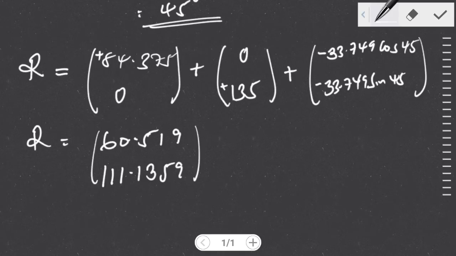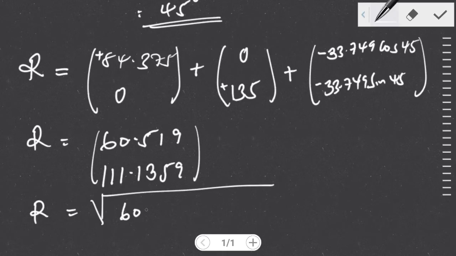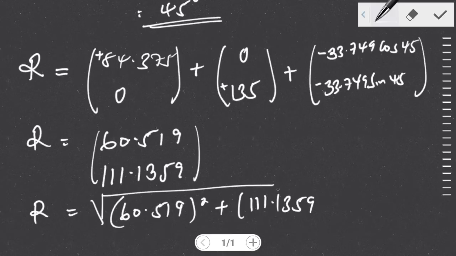Therefore I obtain the resultant, which would be the root of 60.519 squared plus 111.1359 squared.